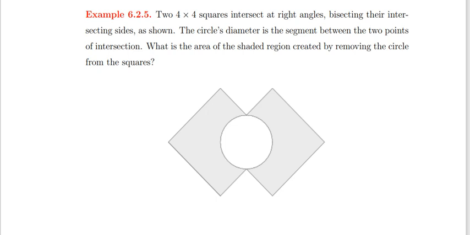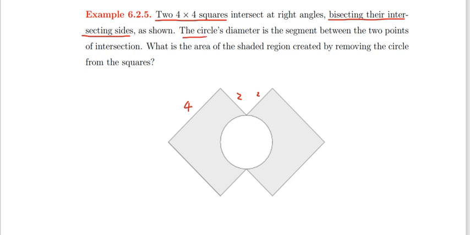It says we have two 4 by 4 squares that intersect at a right angle, bisecting their intersecting side. So if the side is 4, then this is 2 and this is 2.